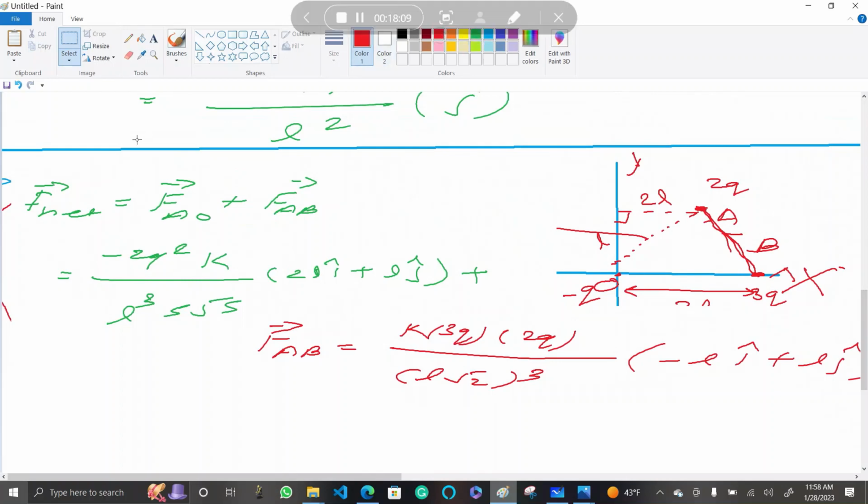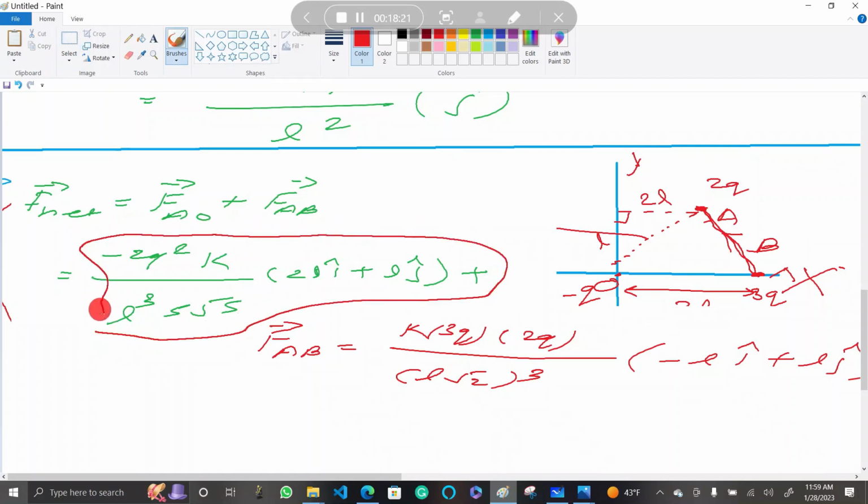So I have written here the force because of the first charge in the green color, and the force because of the second charge in the red color.